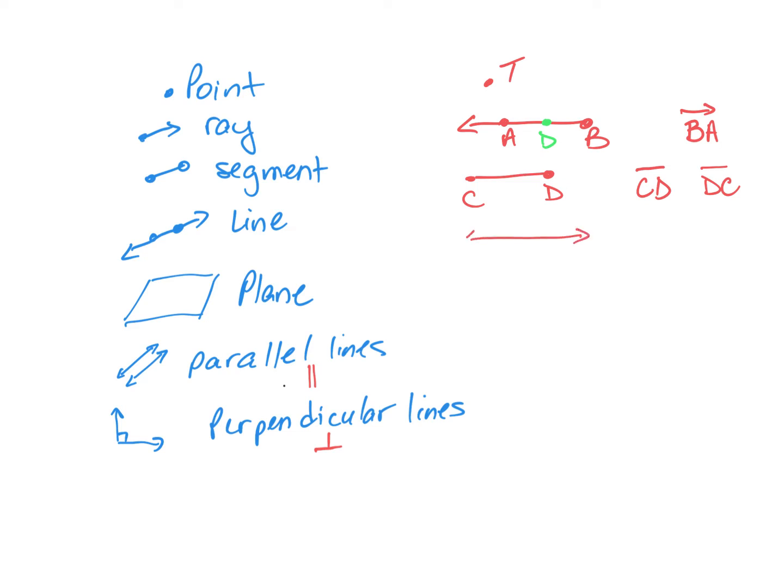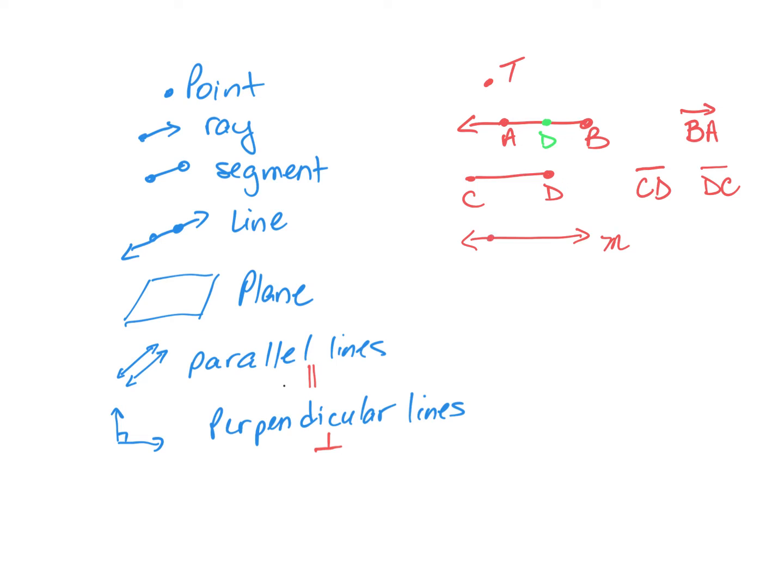Line can be named a few ways. In your homework, they don't address what I'm going to tell you. But sometimes next to a line is like a cursive letter like that. And you can name the line line M if it's a cursive letter off to the side that's not on a point on the line. If you use points, you have to use two, just like we did before.